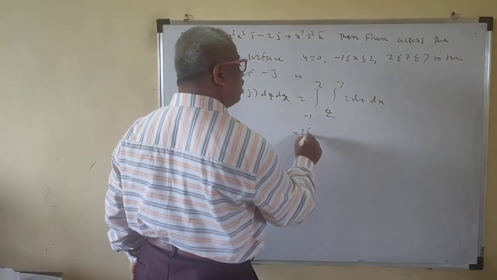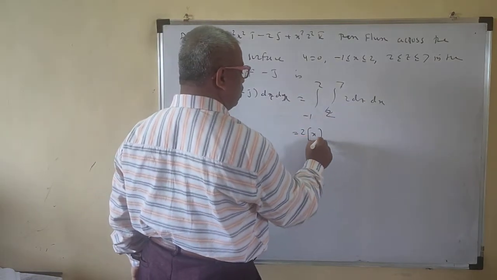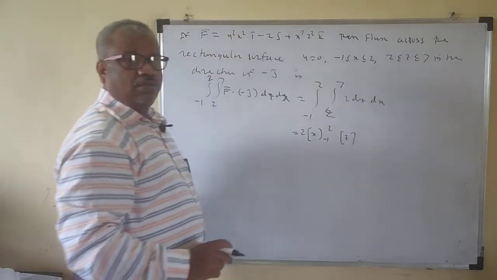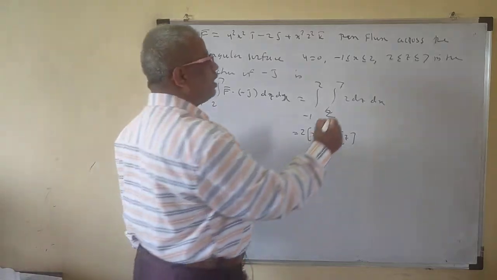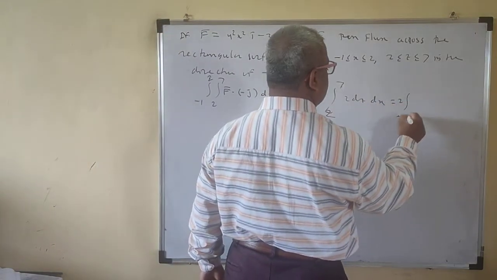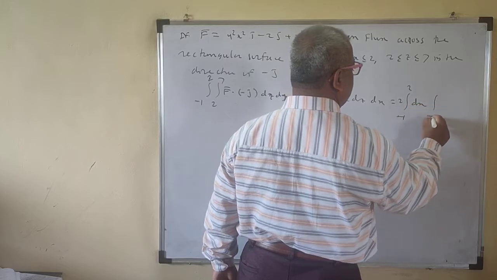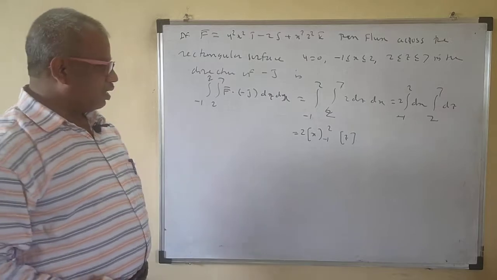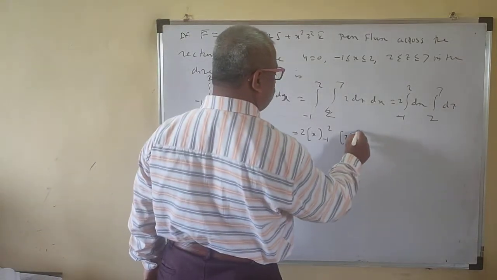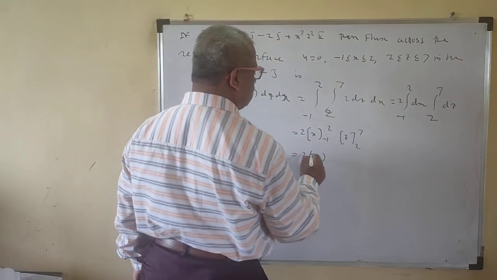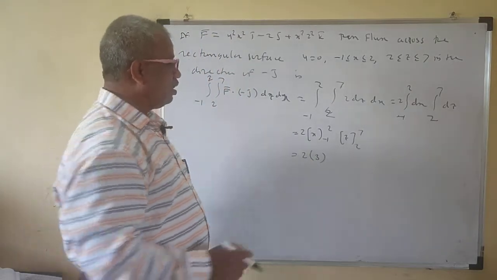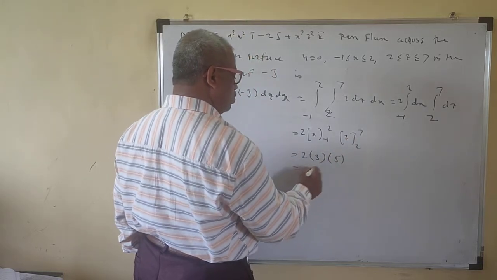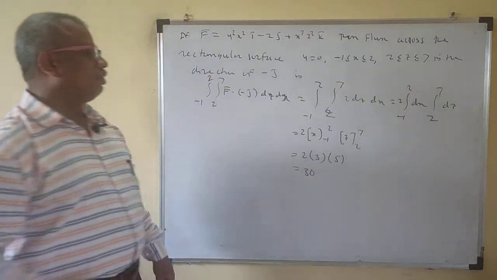These are the limits for x, minus 1 to 2, and for z, 2 to 7. Because this is a constant, you can separate this and write it as 2 into the integral of dx from minus 1 to 2 times the integral of dz from 2 to 7. Easily you can convert it. So 2 minus of minus 1 is 3, and 7 minus 2 is 5. So this is 15, and with the 2 this is 30. Your answer is 30.